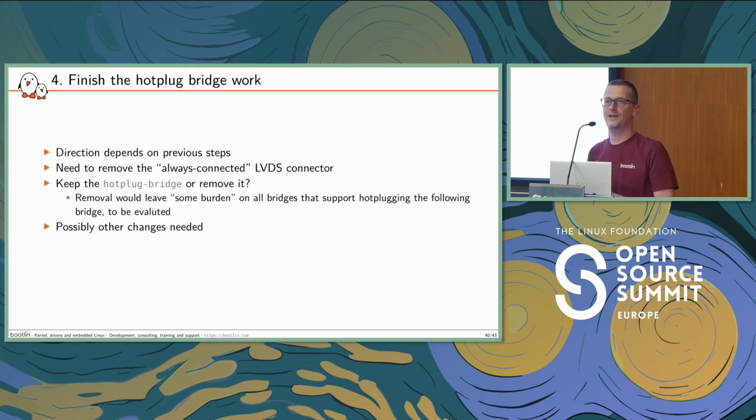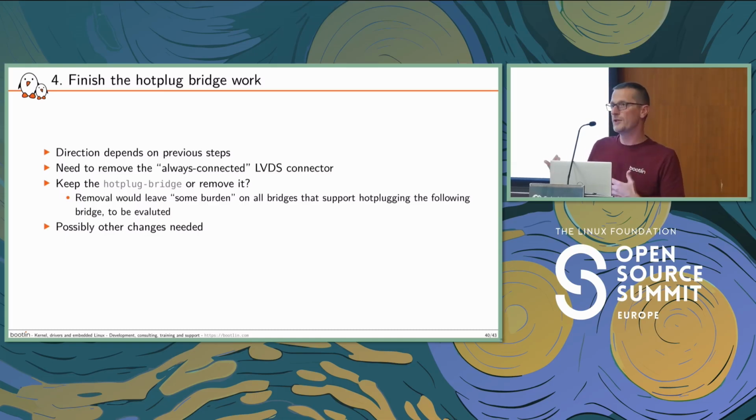Chapter 4 is, as I said, everything else: finishing the work. There are some things that I definitely need to do. One which is still not totally clear is whether the Hotplug bridge should remain or be removed. If it is removed, that means DRM will be able to handle removal of the tail of the pipeline, including some of the bridges, on its own, with drivers doing what is needed.